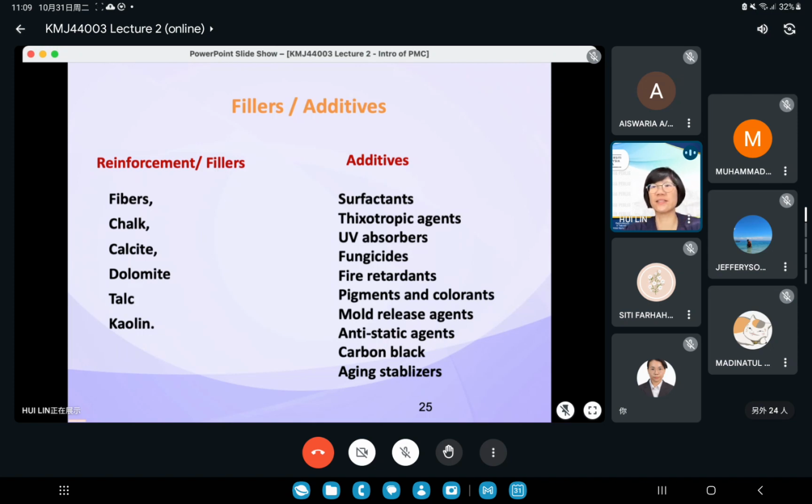When we say this material is a reinforcement, it increases the strength of the material. But if the filler we use couldn't increase the strength, and is just used to reduce the cost, or improve the thermal stability or another type of property, then we cannot say reinforcement.